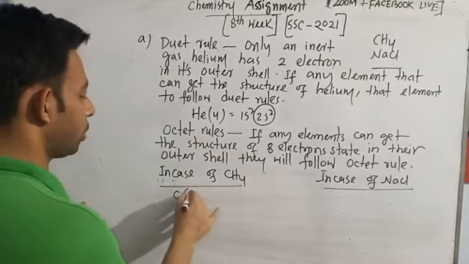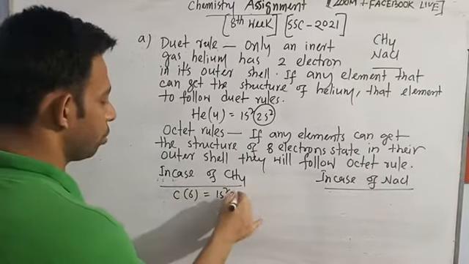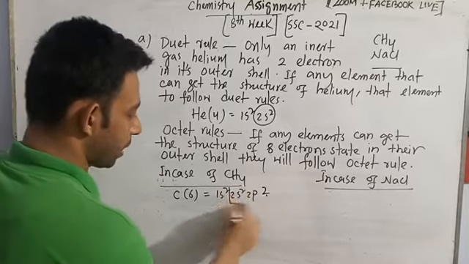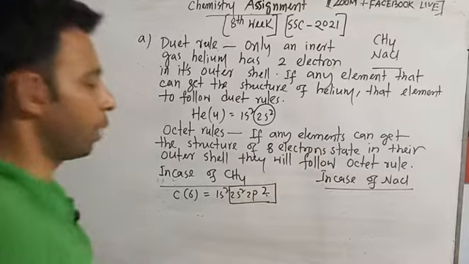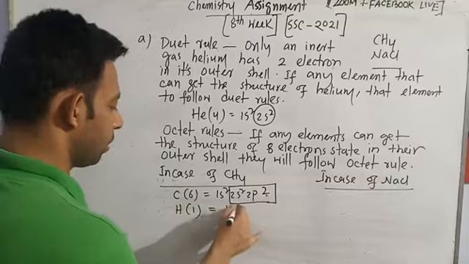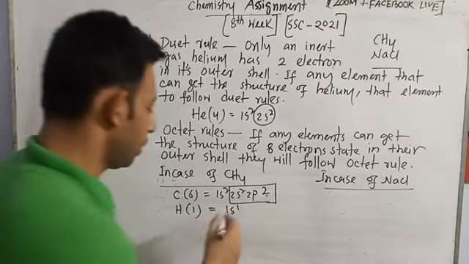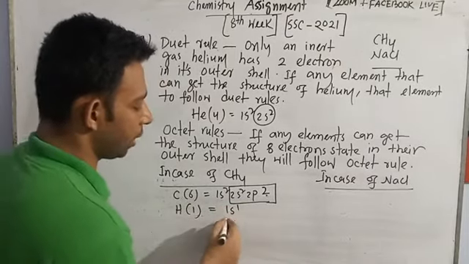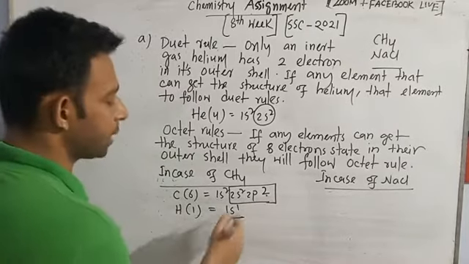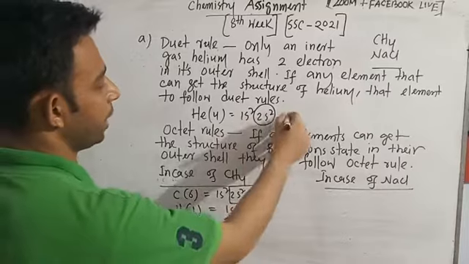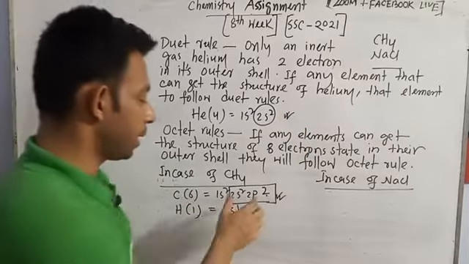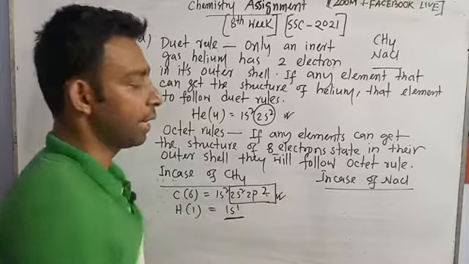Suppose here carbon is 6: 1s2, 2s2, 2p2. In its outer shell, 2s and 2p have 4 electrons. Hydrogen is 1: 1s1. So hydrogen will get or share 1 electron to get the structure of helium, and carbon needs 4 electrons to get the octet, that means the 8 electron state.